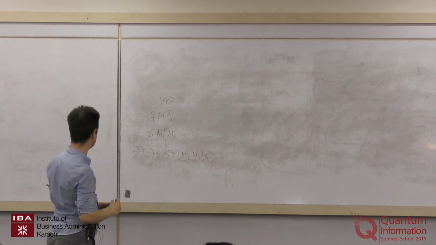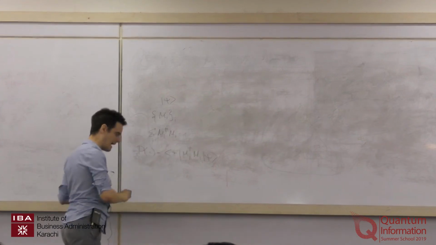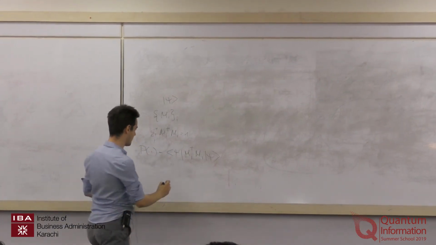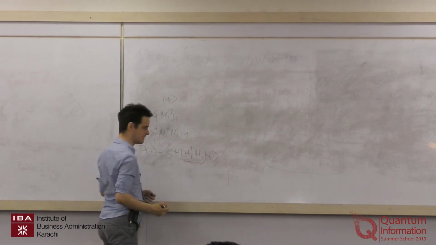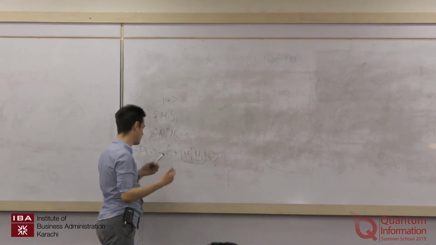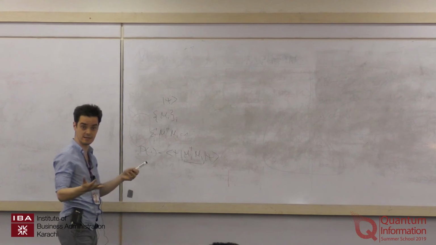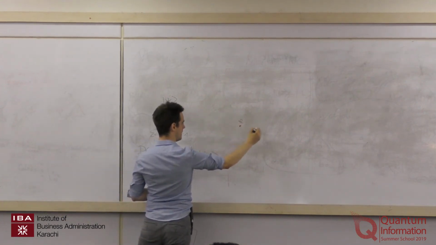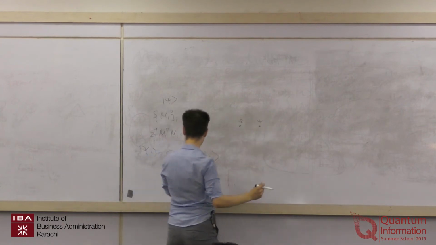I will do a few things to adapt this notation to what I'm going to do later. The first observation I'm going to make is that, let's say now that we do a measurement on two states. Let's say we have a subsystem of phi here and psi there.